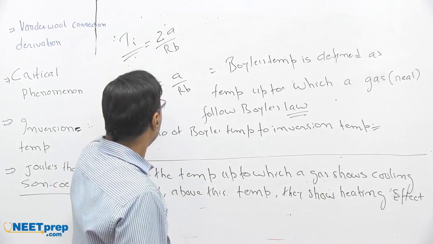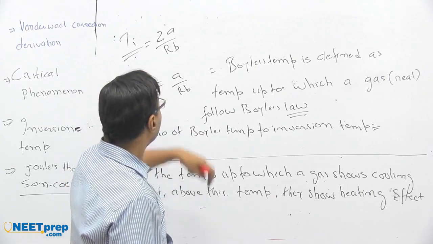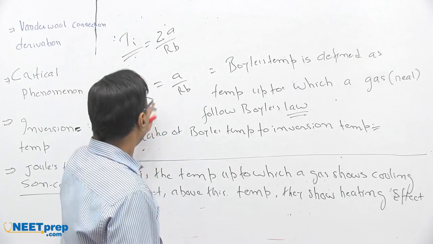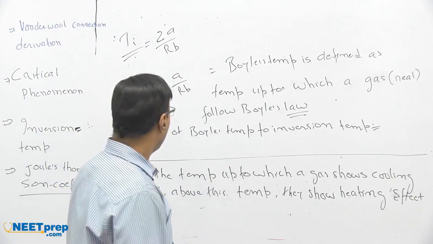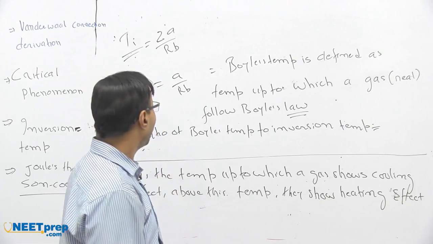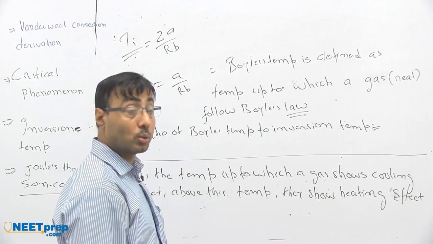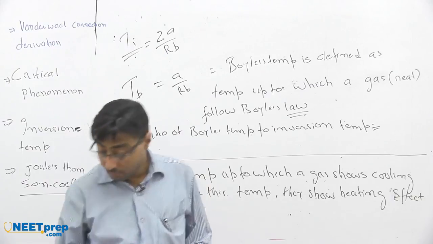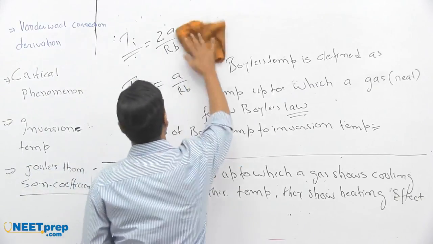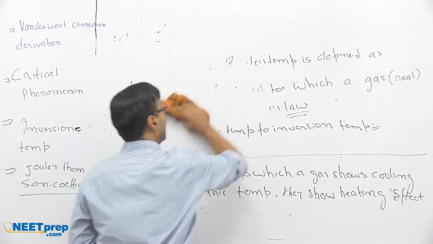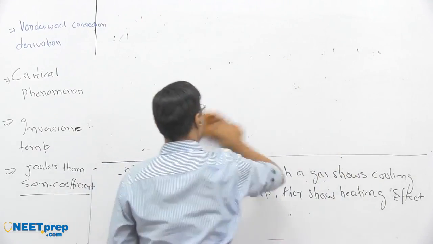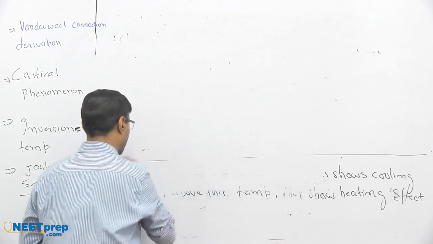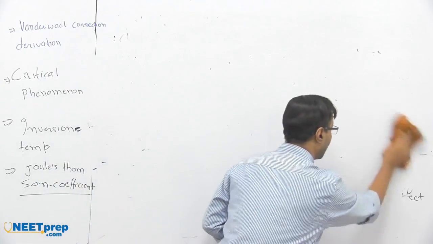So we can put the values of TB by TI and you will get the answer 1 by 2. TB by TI, the answer is 1 by 2. Or if the reverse, TI by TB, then the answer is 2 to 1. Here a and b are the van der Waals constants, in both equations, and R is the universal gas constant.